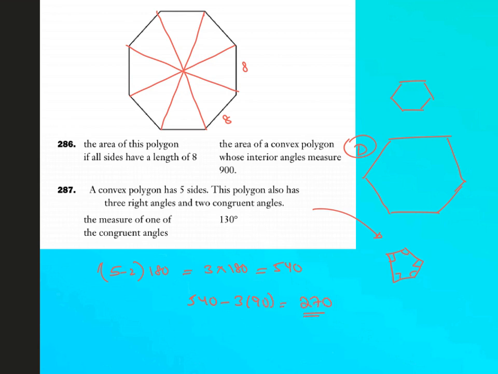Now this is the sum of the 2 congruent angles. If I divide this by 2, I get each congruent angle, that's 135. So this is 135 degrees, and you're comparing this to 130. So clearly it's A, because quantity A is greater than quantity B. 135 is more than 130.